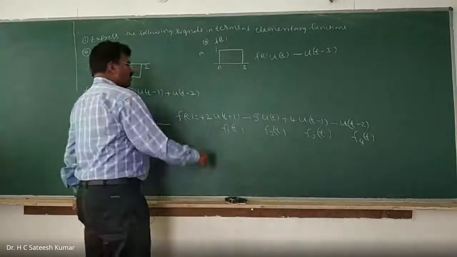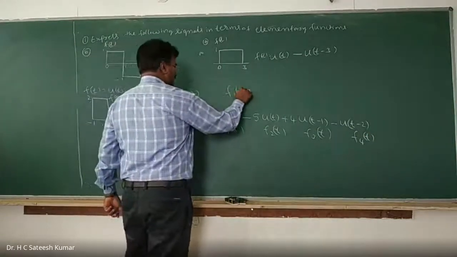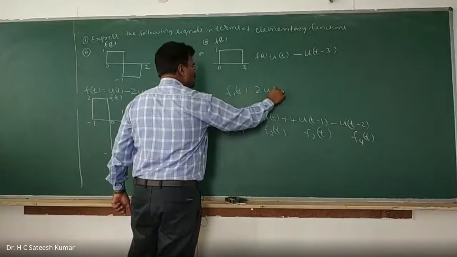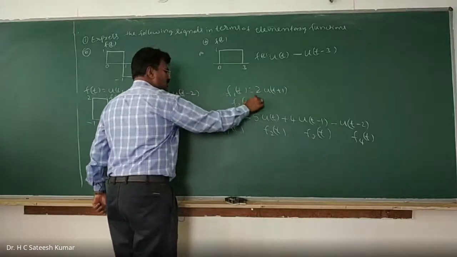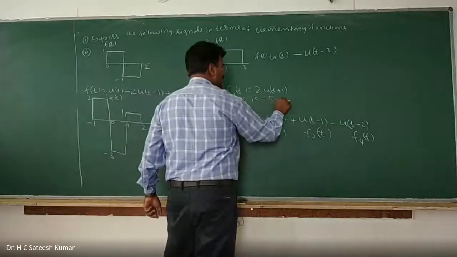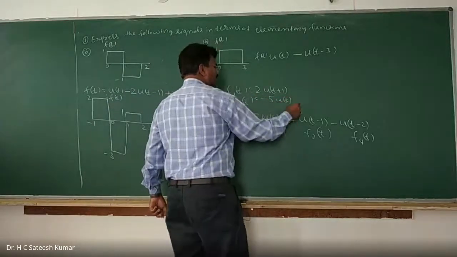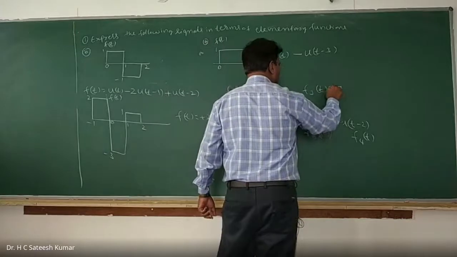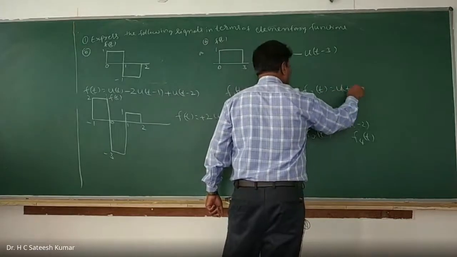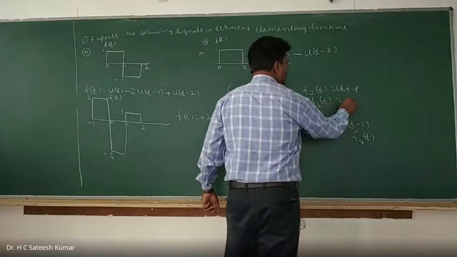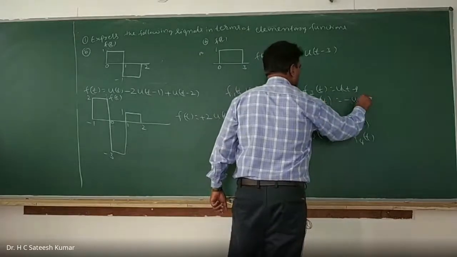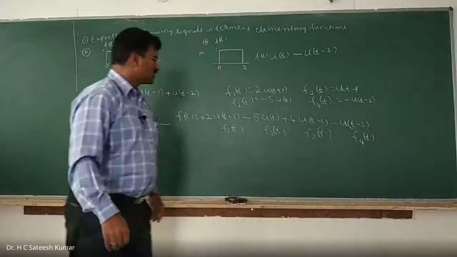Write down all of them. f1 of t is equal to 2 into u of t plus 1. f2 of t is equal to minus 5 u of t. f3 of t is equal to 4 u of t minus 1. f4 of t is equal to minus u of t minus 2. Something like that, you write it, so that they will give the marks for that.